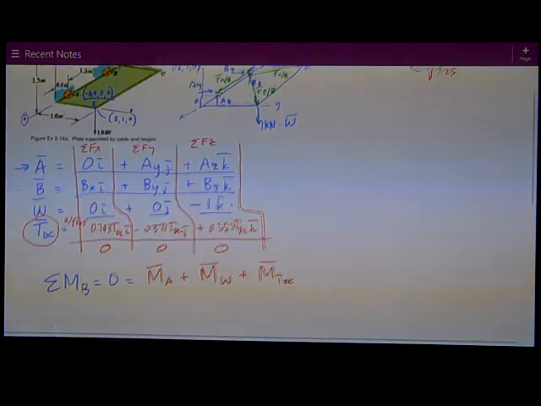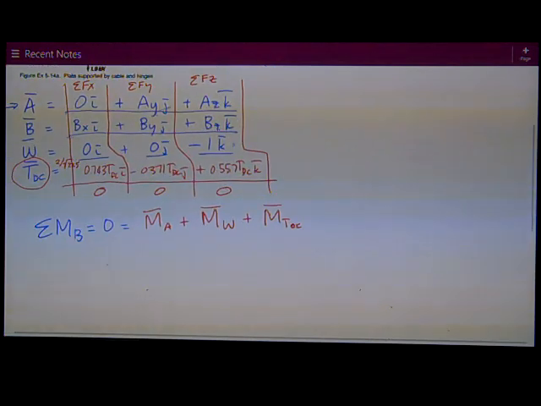So each one of these moments down here is a cross product.